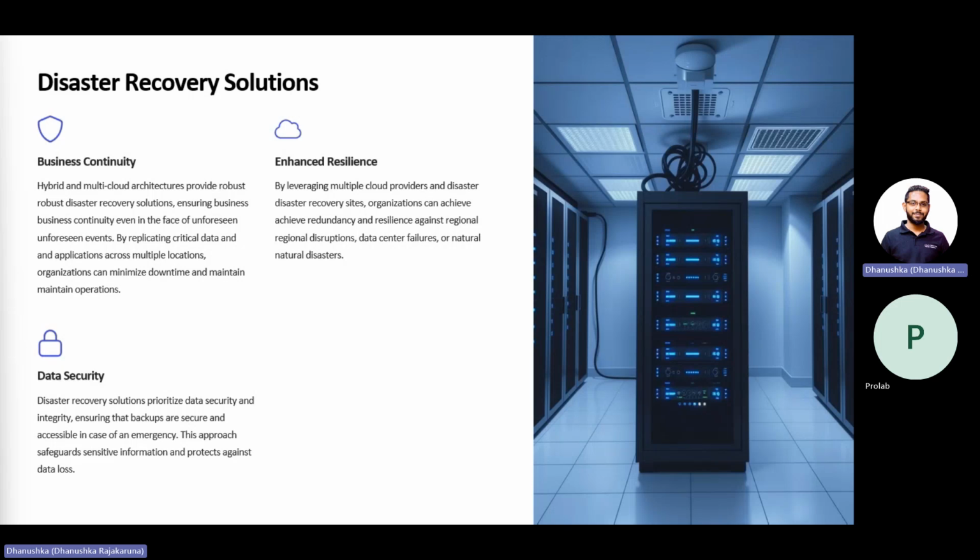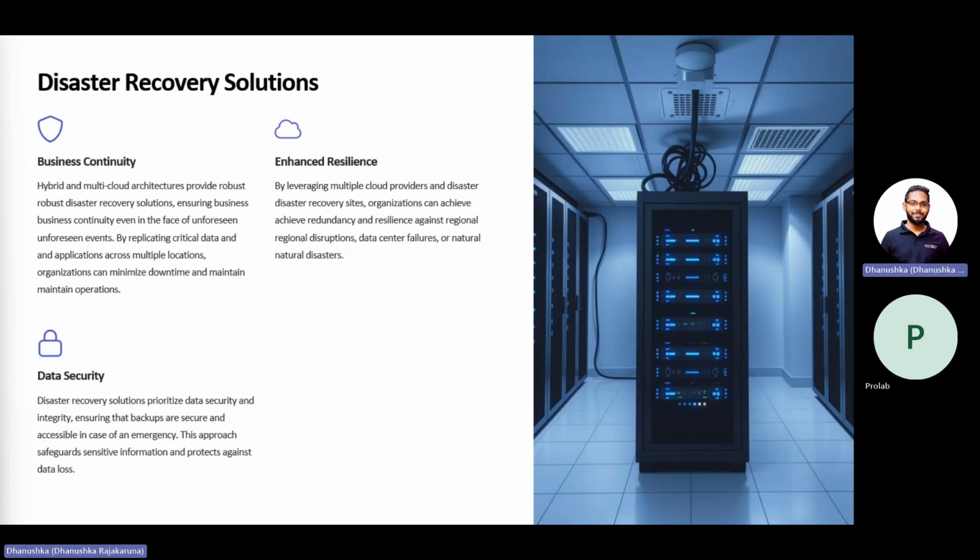The types of disaster recovery solutions are backup and restore, pilot light strategy, warm standby, hot standby, and disaster recovery as a service, which we call DRaaS.